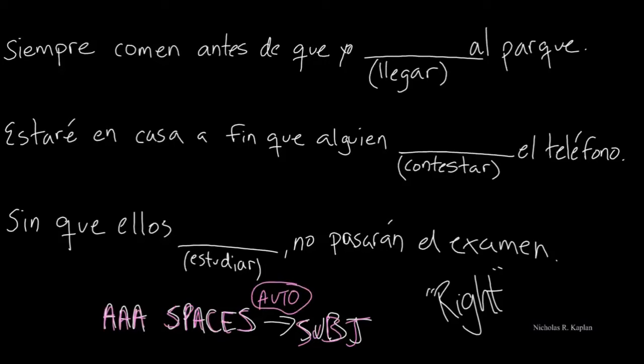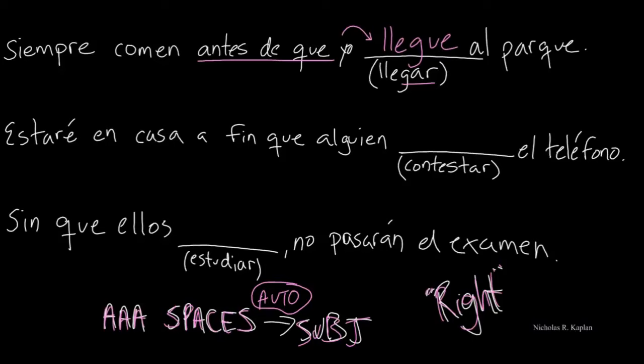Well, in this first sentence, I see antes de que, and that is one of our automatic expressions. So we have to use the subjunctive. And just to clarify, we put the subjunctive verb right after the clause. So llegar into the present subjunctive. We just have to be careful because that's one of our gar verbs, and so it looks a little different.